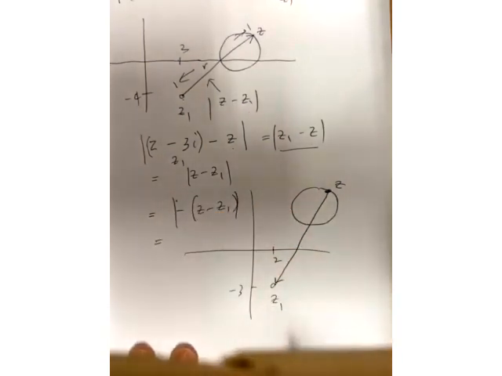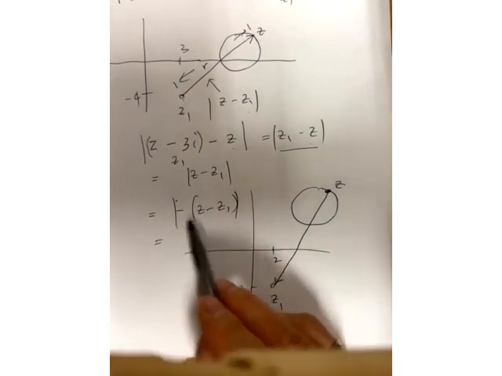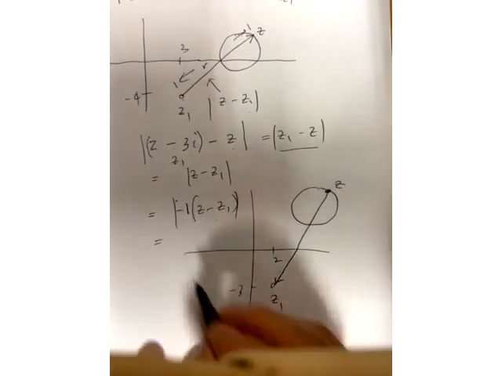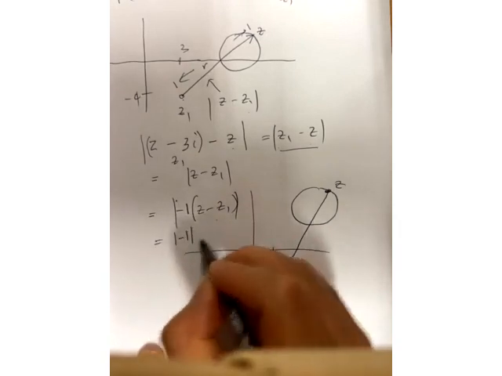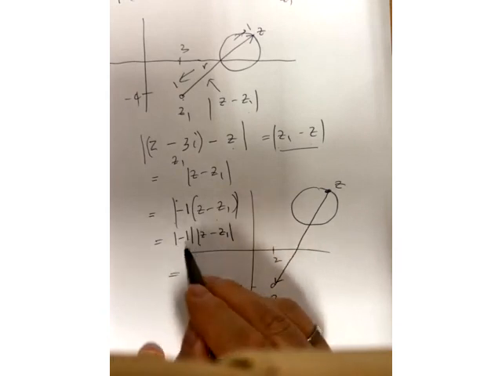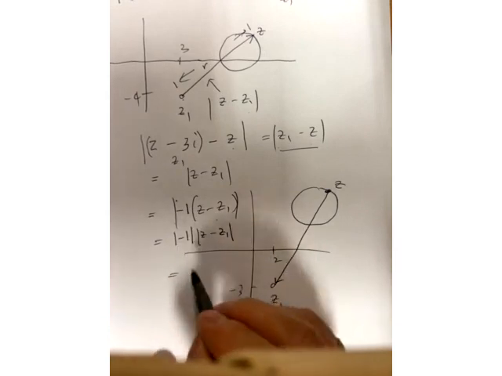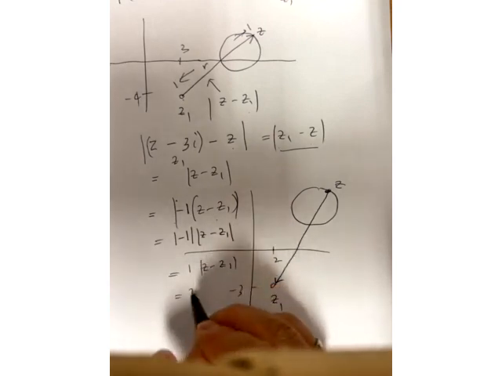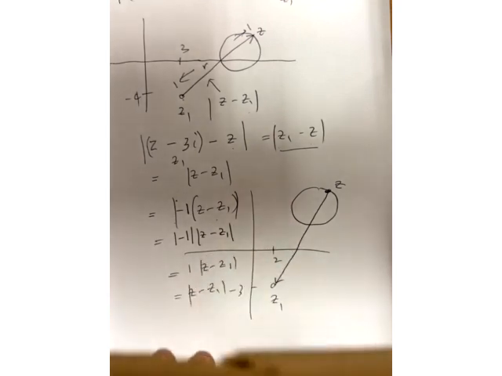And one of the properties of complex numbers is that when you take the modulus of a product of two complex numbers, there's an invisible minus 1 here, by the way. You can take the modulus of minus 1 and the modulus of that separately. And of course, the modulus of minus 1 is just 1. And then you get that, and so it's the same as that.